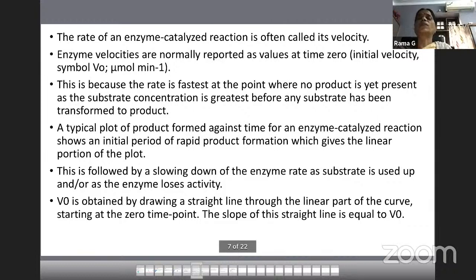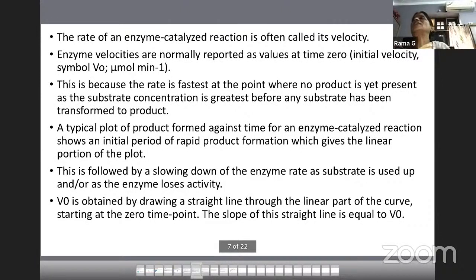And one more thing is the rate of product formation. It is fastest at the point where no product is present. That means products are not yet formed before the formation of the ES complex. That's why the rate of formation of end products is high when there are no product molecules.